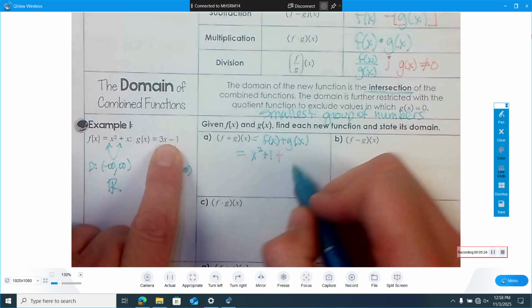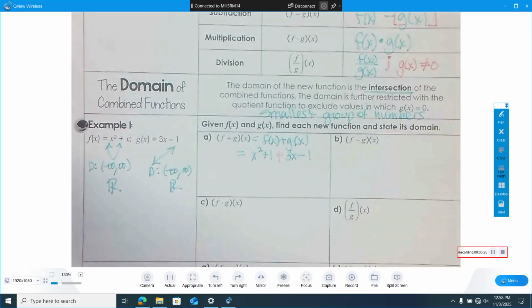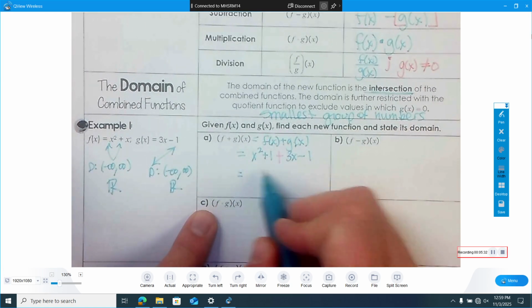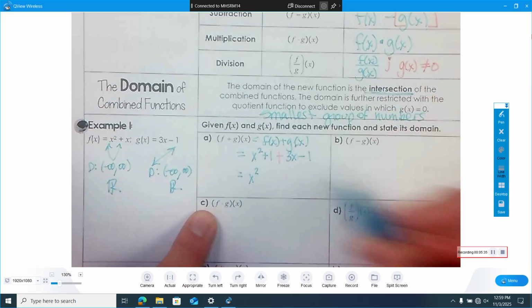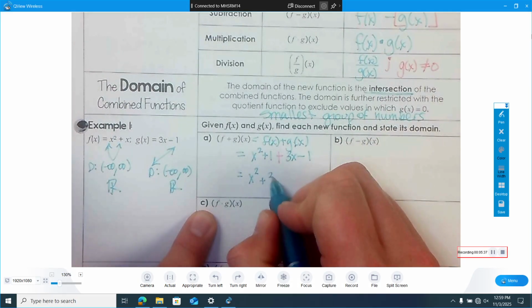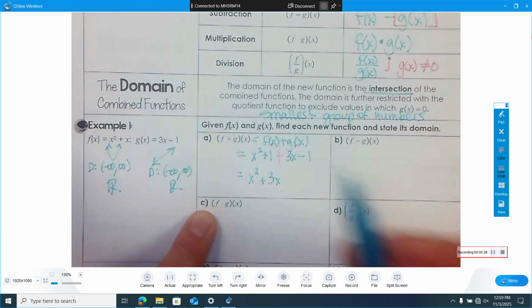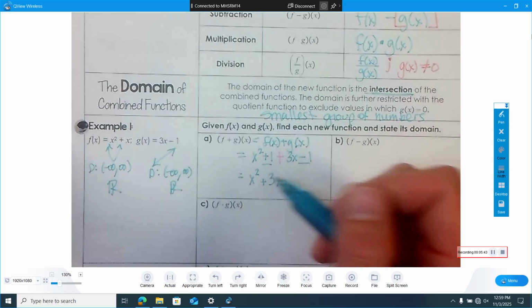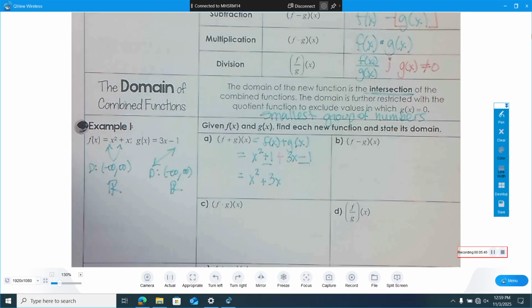So all we're doing is substituting, essentially, and combining. Let's see what can be combined here. x squared has no friends. We've got a positive 3x, also has no friends. And then negative 1 and positive 1 make a 0. So that's it. That's our f plus g function.